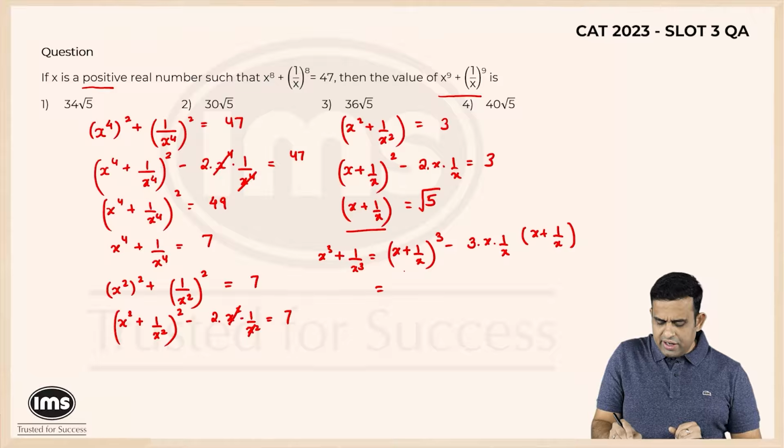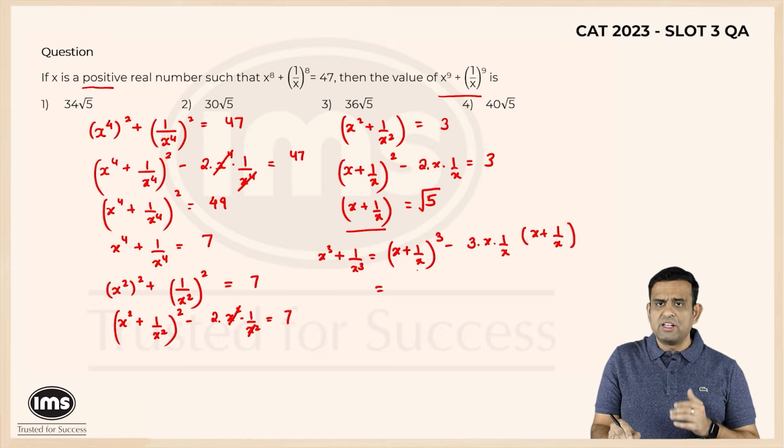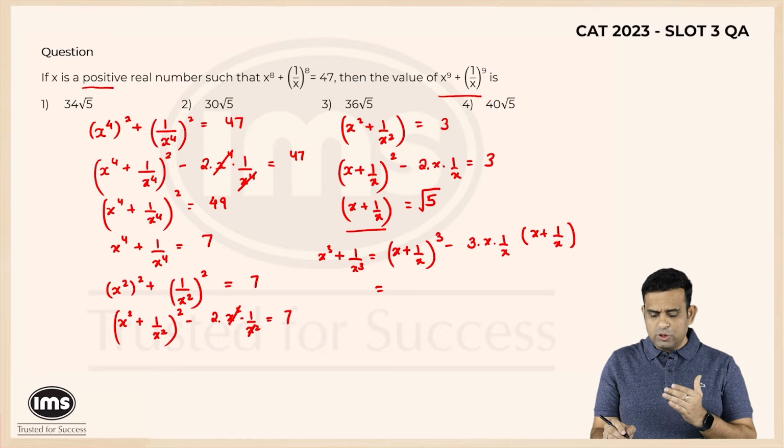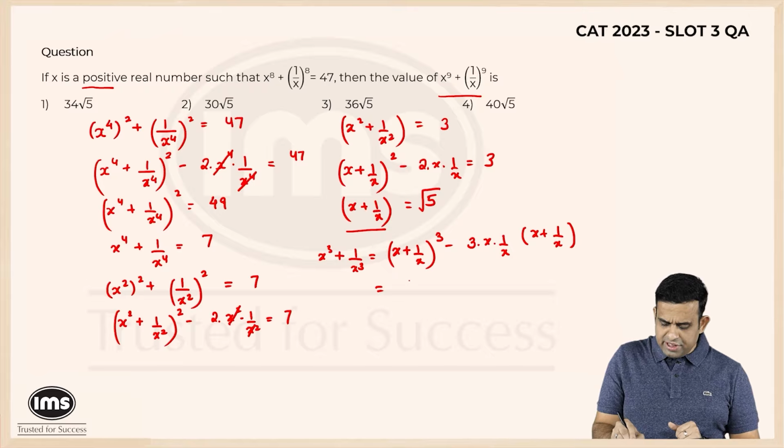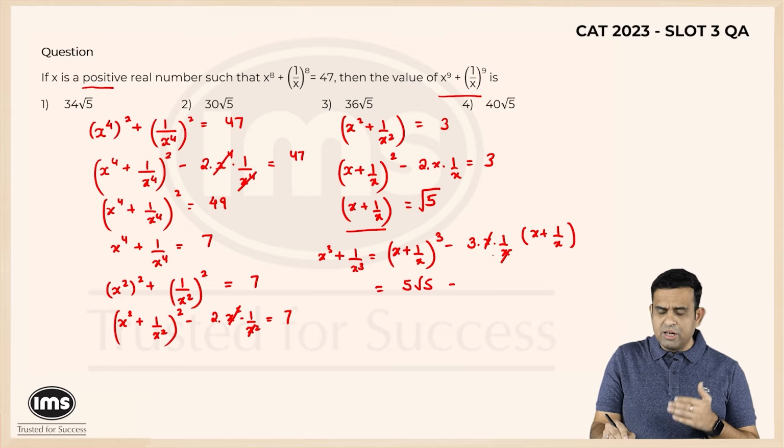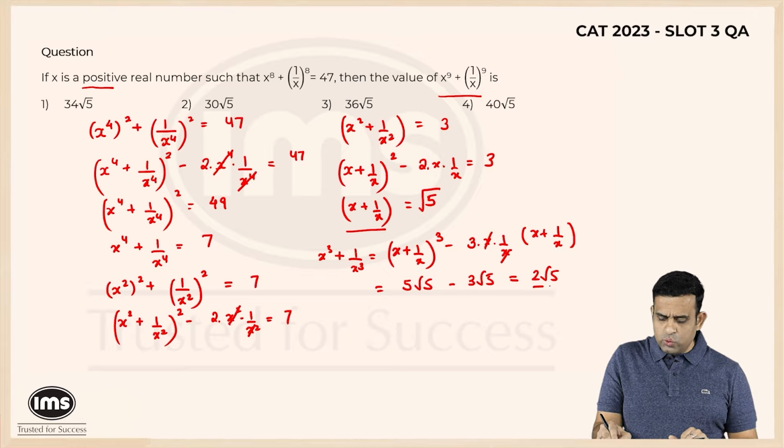And if you look over here, the term x + 1/x has a value of, let's say, root 5. So root 5 cubed basically will become nothing but 5 root 5. Minus this part will become 3 into root 5. So 5 root 5 minus 3 root 5 happens to be equal to 2 root 5.